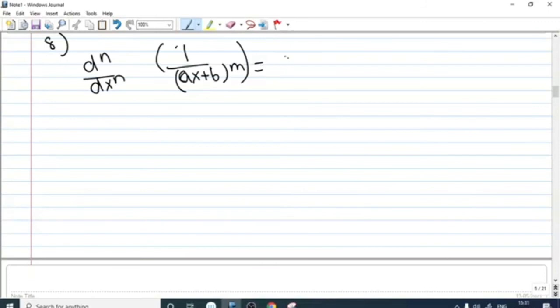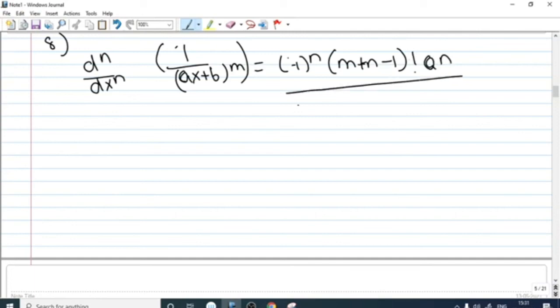So its formula is nothing but minus 1 power n into m plus n minus 1 factorial a power n, the whole upon m minus 1 into ax plus b, the whole upon m plus n. So you need to remember this formula.